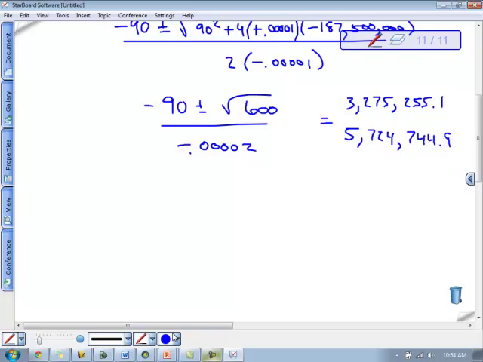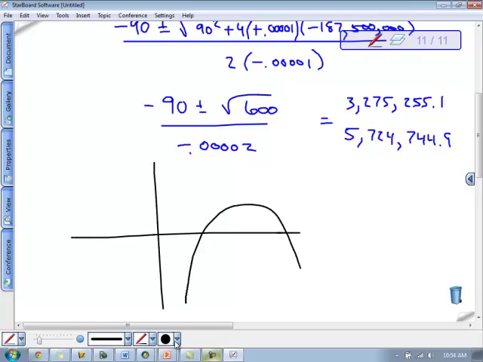So let's look back at the graph. What we see is this parabola looks like this. So this spot is the 3 million number, 3.2 million, and this spot is the 5.7 million. We need to produce calculators within this range.